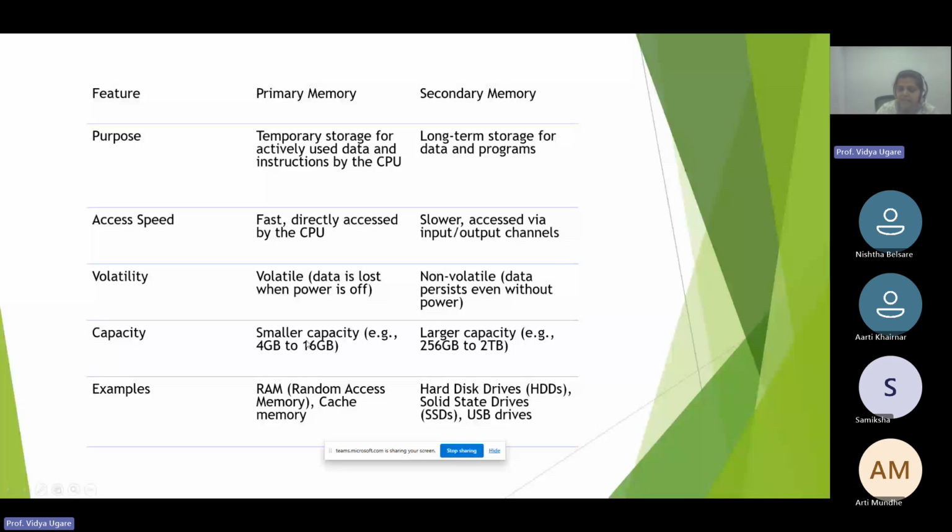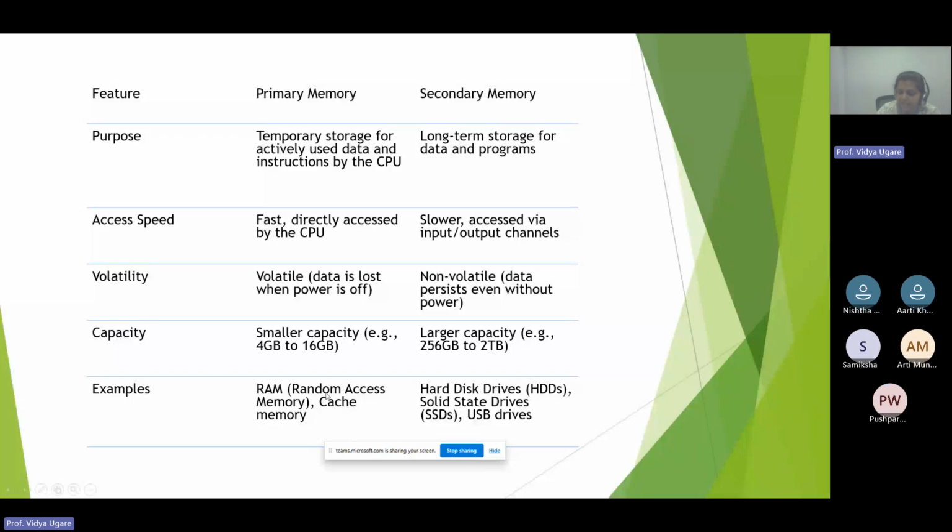For a regular computer, 4 GB to 16 GB of RAM is the maximum, which is more than sufficient. Whereas for hard disk drives, you see 256 GB, 500 GB, 1000 GB. Now you are getting them in terabytes also, not just gigabytes.